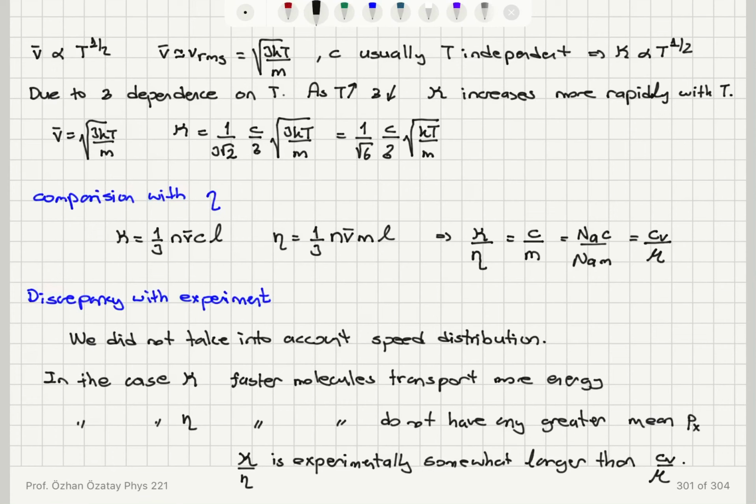The faster molecules will have a slightly higher rate of transport of energy, while the x component of the mean linear momentum does not change so much, so the effect on eta is negligible. So we find that kappa over eta is experimentally somewhat larger than Cv over mu.